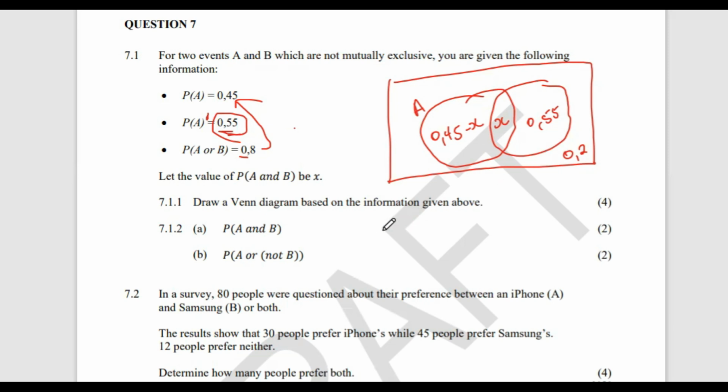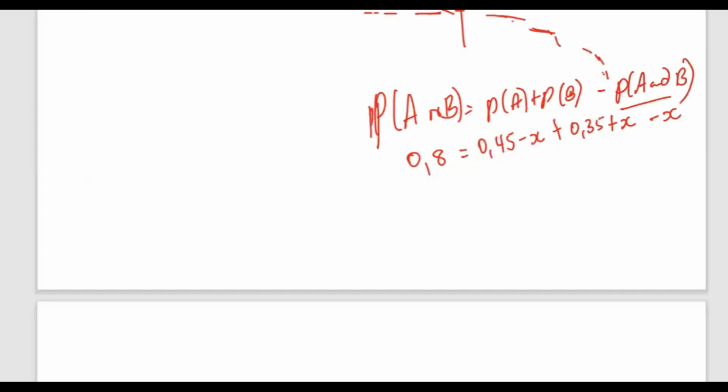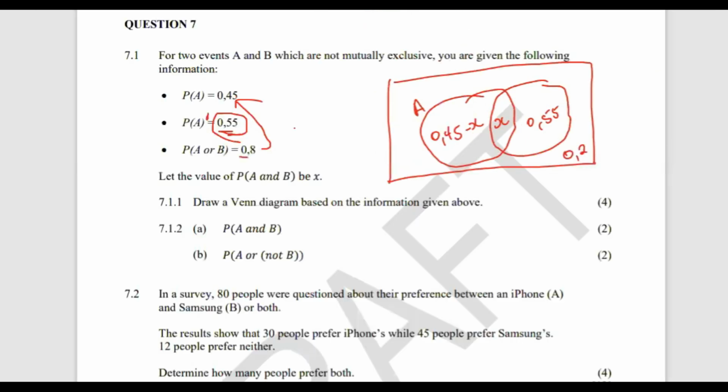Let's say probability of A. Let me just move this side. Let's erase this out. So probability of A or B will give them 0.8. Probability of A, they gave us 0.45.